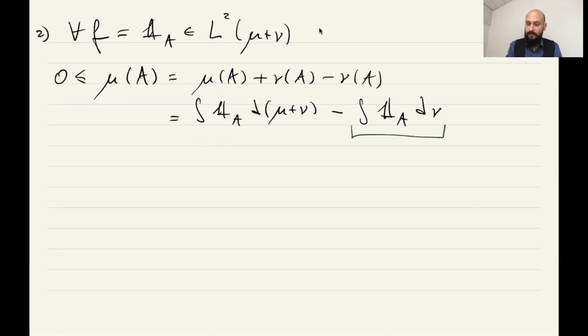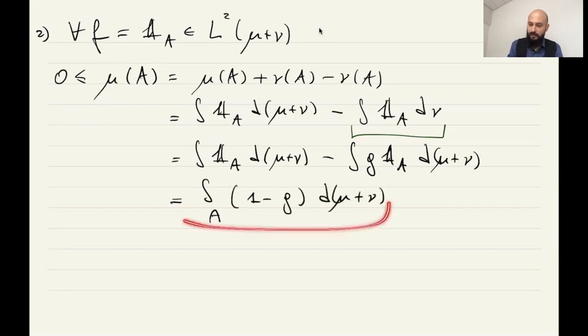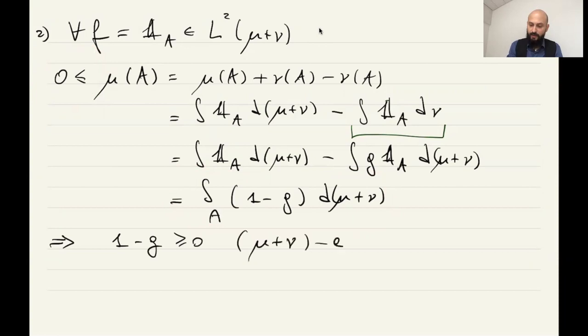Now we see this as the operator lambda. So we see that this is the integral of the characteristic of A in d mu plus nu minus g times the characteristic of A in d mu plus nu. Which tells us that the integral over A of 1 minus g in d mu plus nu is always a positive number. And therefore, the function 1 minus g is greater or equal to 0, mu plus nu almost everywhere.